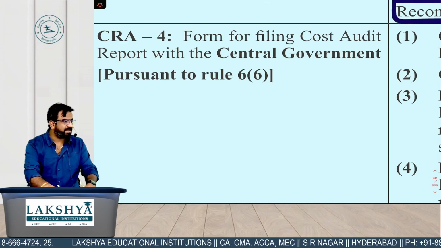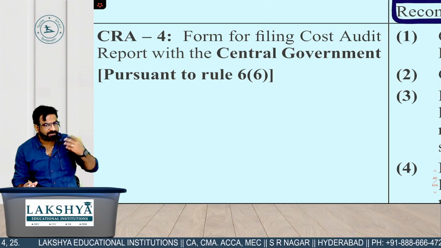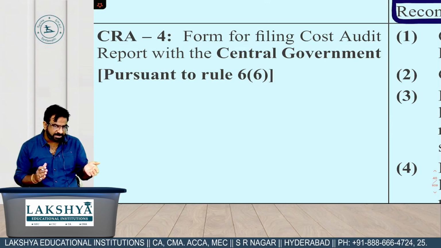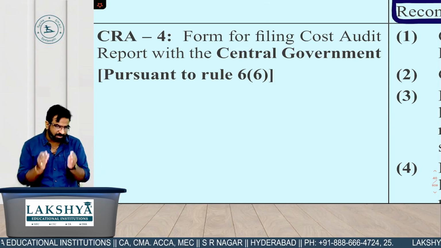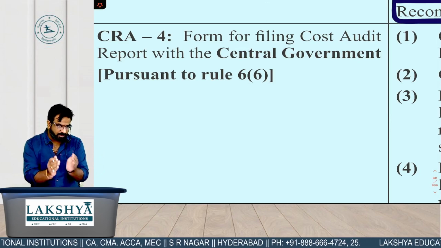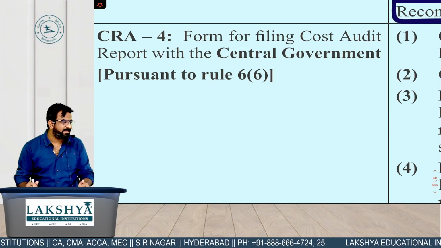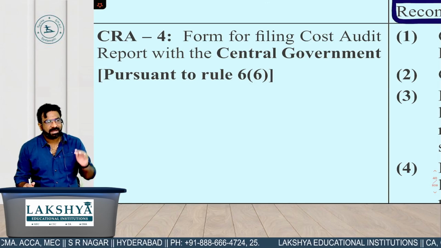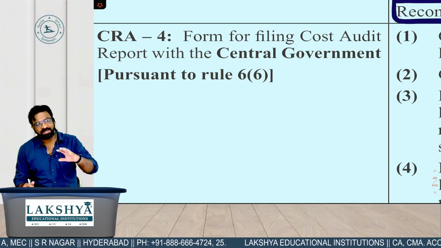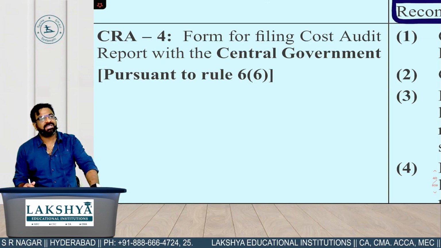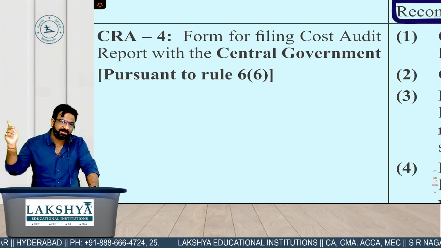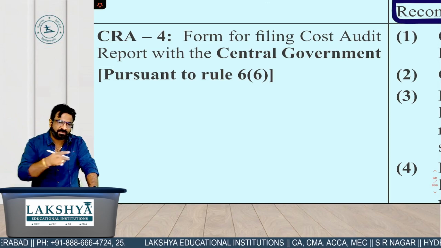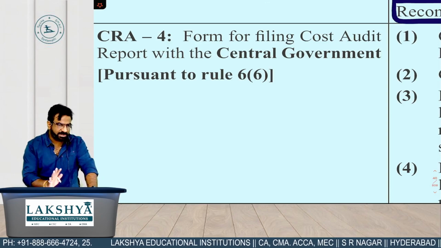The Board of Directors within 30 days have to give the remarks, attach the cost audit report, and send one set of these two things to the Central Government in form CRA 4 within 30 days. That time period can be extended if there is an extension in the conduct of the AGM. Whatever extension has been given by ROC in the AGM, that extended time will be added to the 30 days. So the concept we already know.